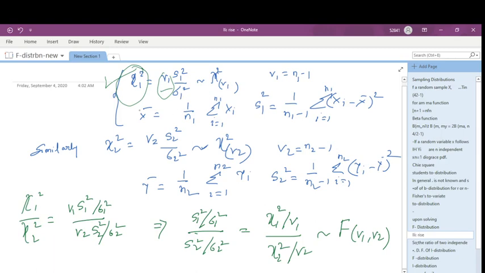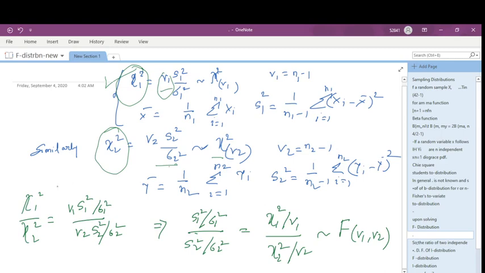Similarly, for the second sample we can write the same thing, replacing mu1 with mu2, S1 with S2, and sigma 1 with sigma 2.